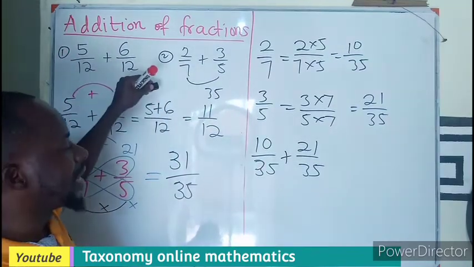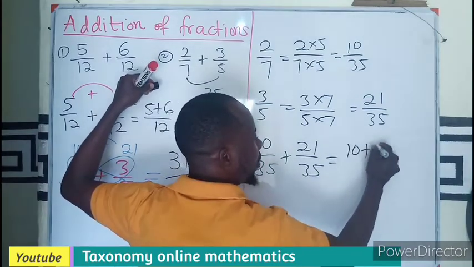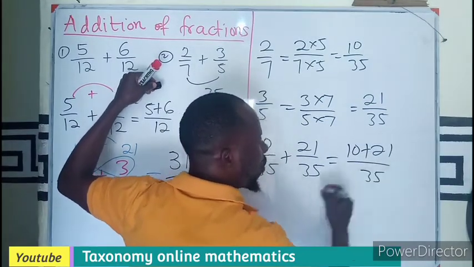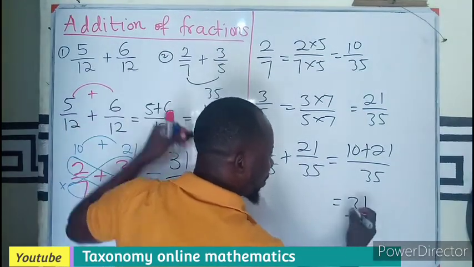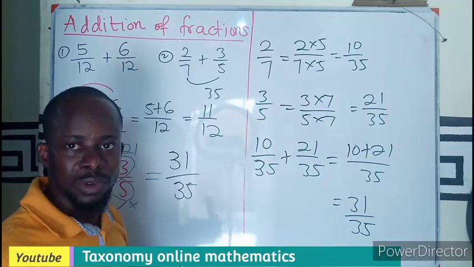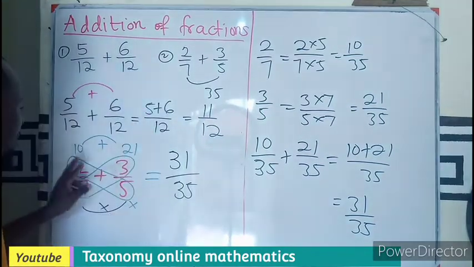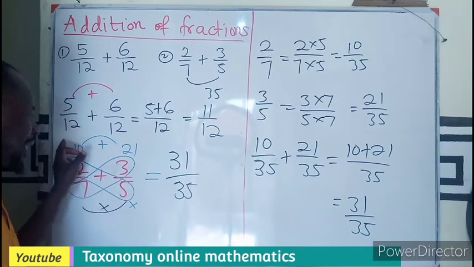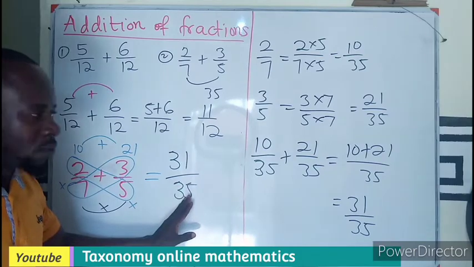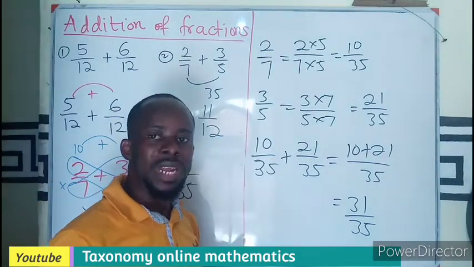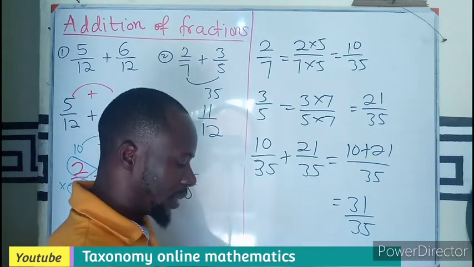If the denominators are the same, we only add the numerators. 10 plus 21 over 35. And that will be 31 over what? 35. So in addition of fractions, we can go diagonal, add, and at the bottom we multiply to get the answer. So easily. Or we can follow the LCM approach also in doing that.